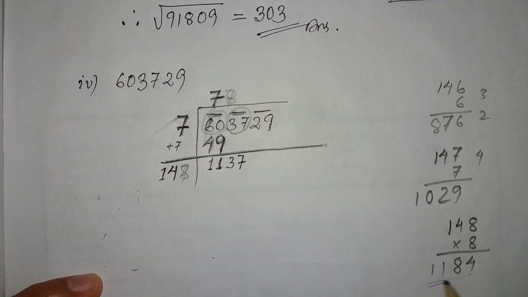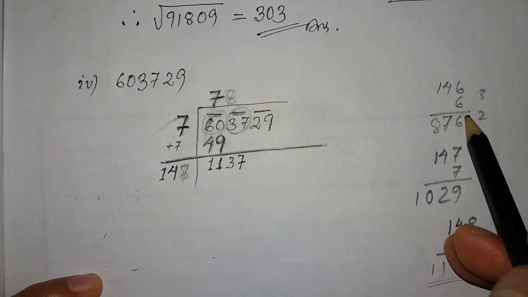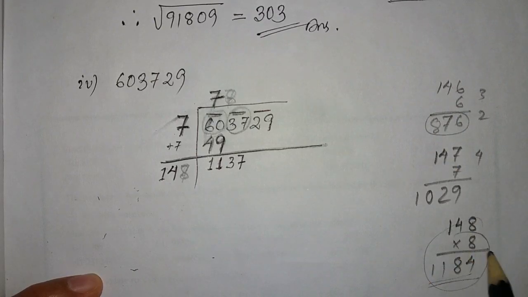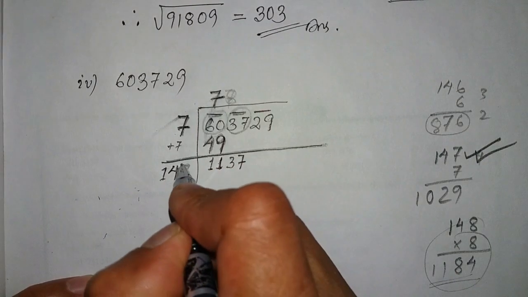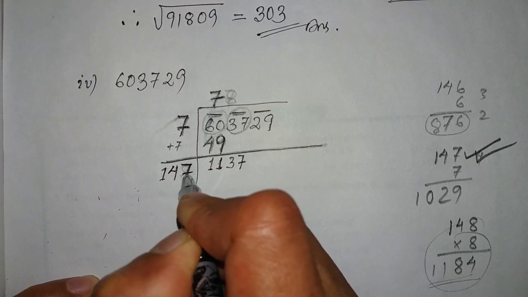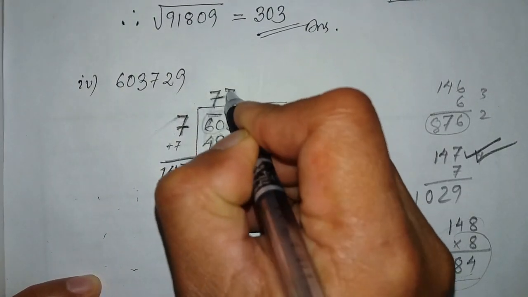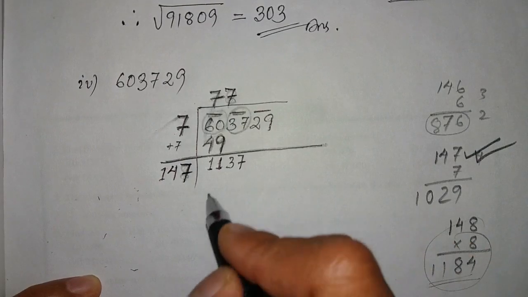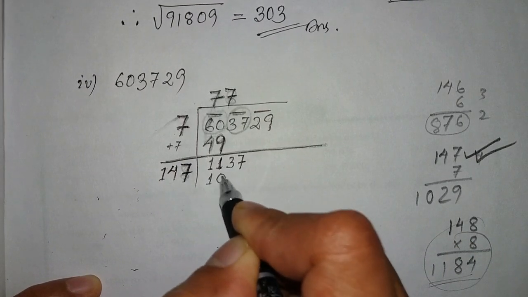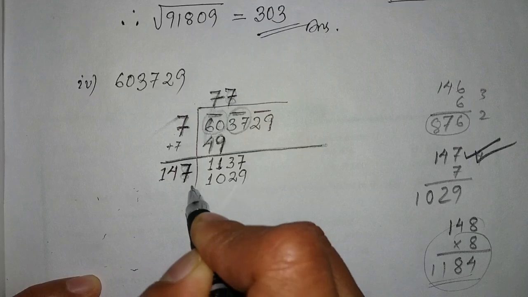Now this is 1184, which is too big, and 6 is too small, 8 is too big, so 7 is the right number. So we will write 7 here. So 147 into 7 is 1029.